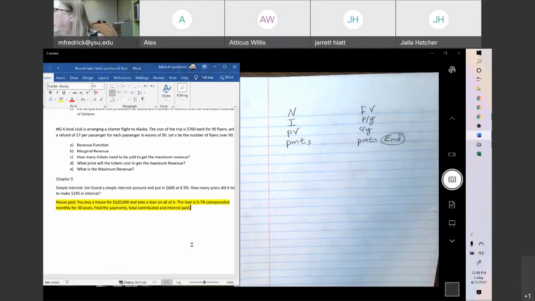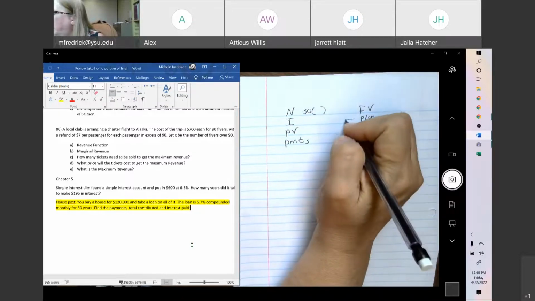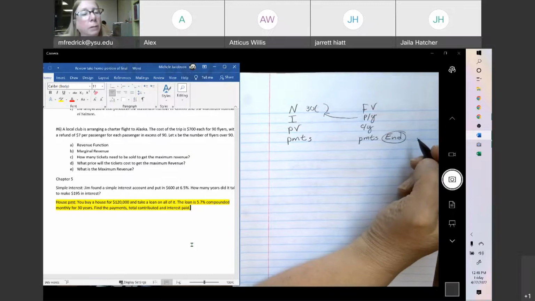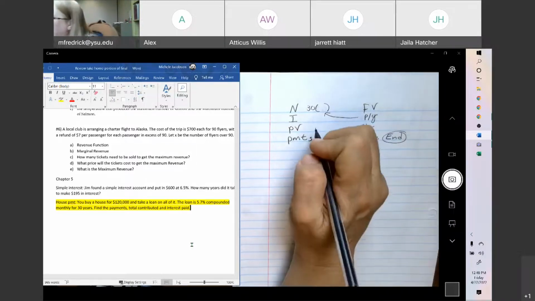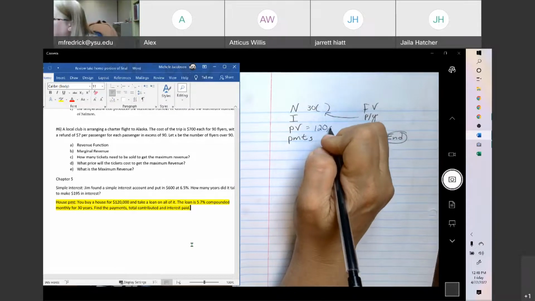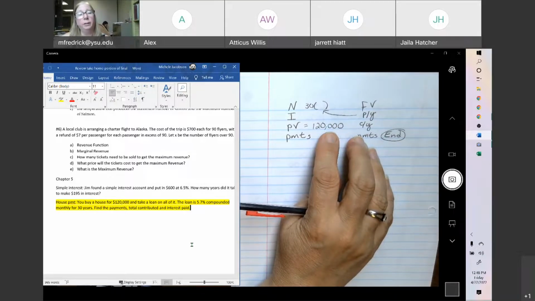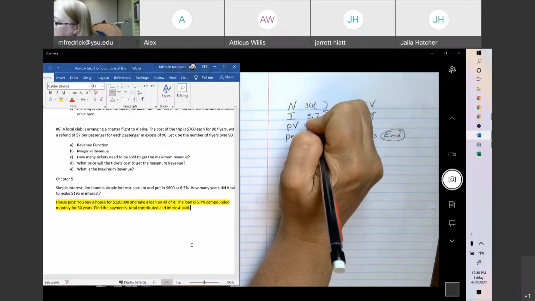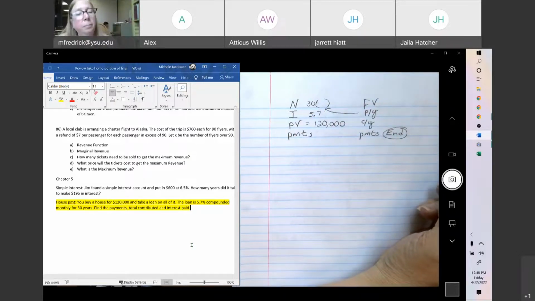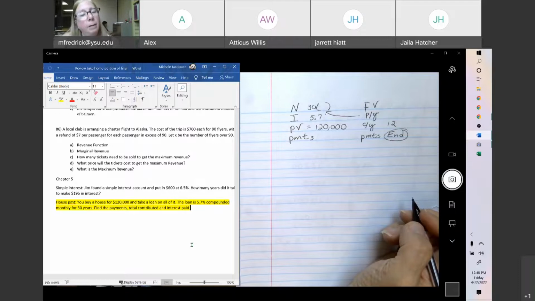Okay, N is the number of years times payments per year. You buy a house for 120,000 and take a loan on all of it. That means the present value of the house is $120,000. So when you have a loan, whatever the loan amount is, that's present value. The loan is 5.7%, compounded monthly for 30 years.